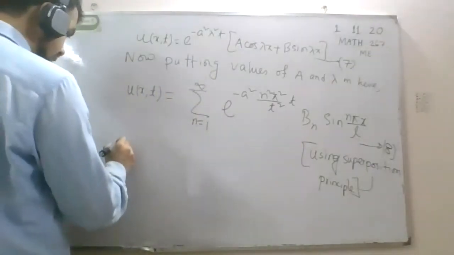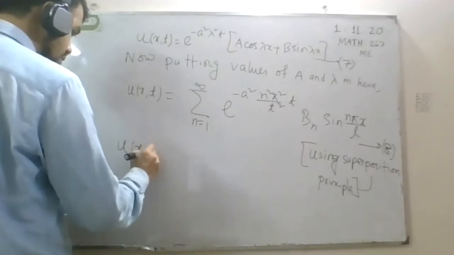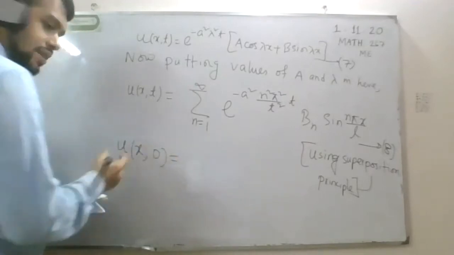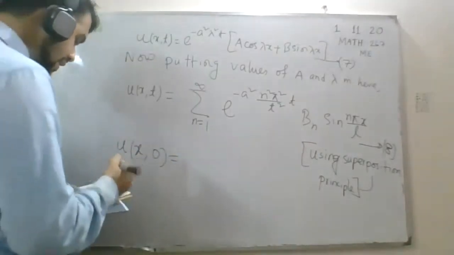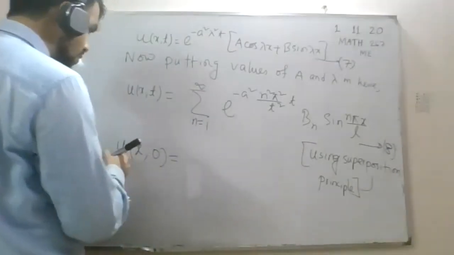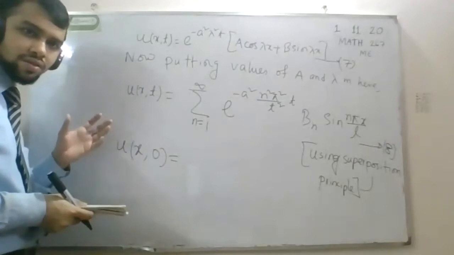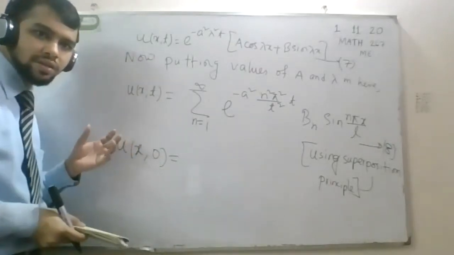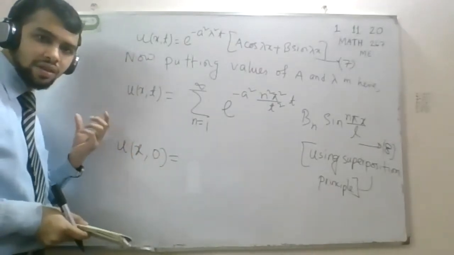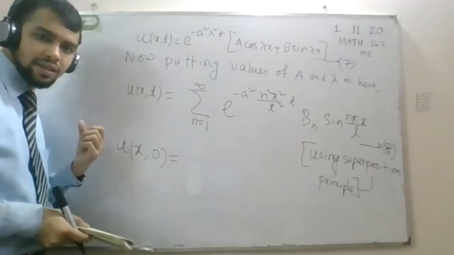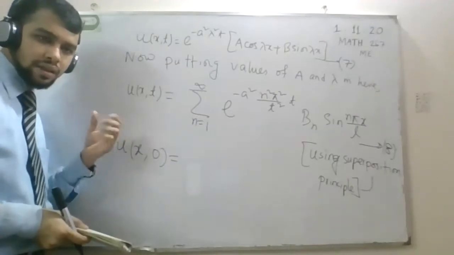Now, your another condition is u(x, 0), which is our initial condition, where t equals 0. So if you put t equals 0, at first you have to use those boundary conditions, which means x equals 0 to L, sorry.